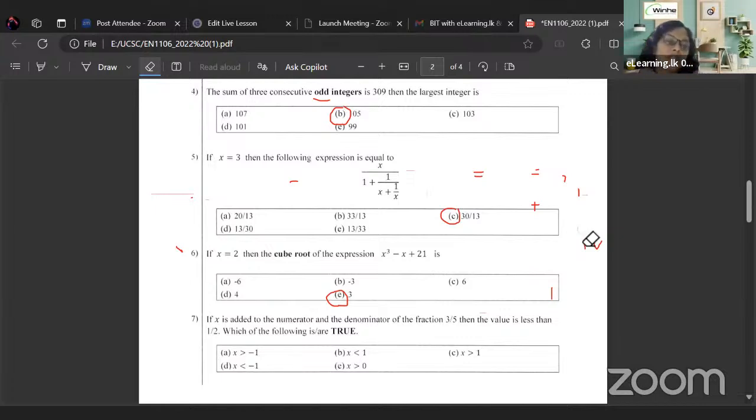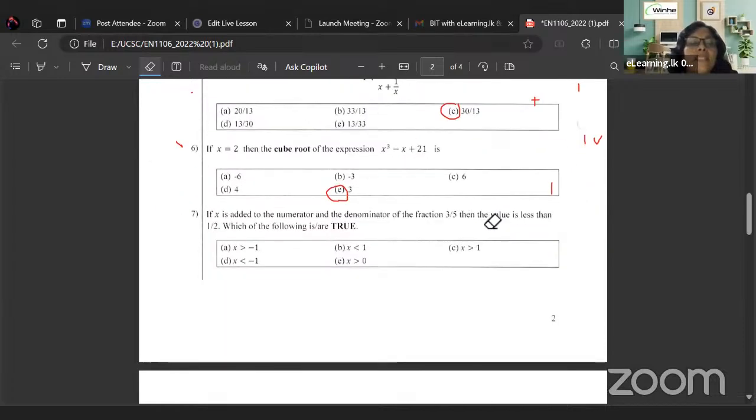Let's say in question number 7, if x is added to the numerator and the denominator of the fraction 3 divided by 5, then the value is less than half. Right? Which of the following are true?